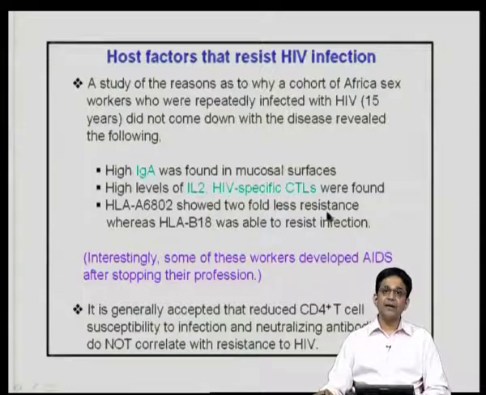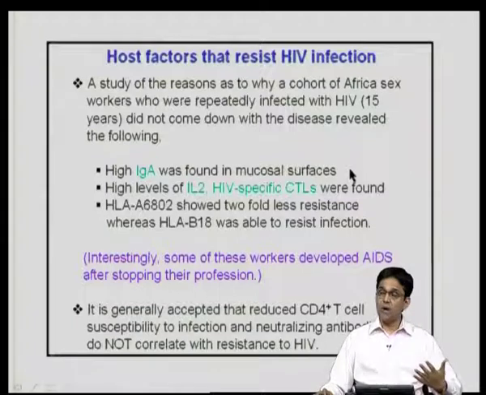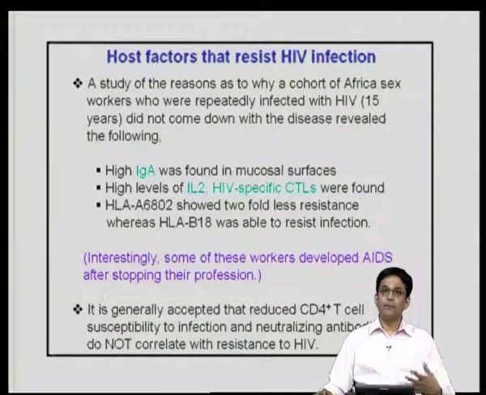What was found is that they had high IgA in mucosal surfaces. So, good IgA responses may thwart HIV infection. They had high levels of IL-2 and HIV specific cytotoxic T lymphocytes were found. Now, also what was found is that their MHC phenotype was a little bit different.